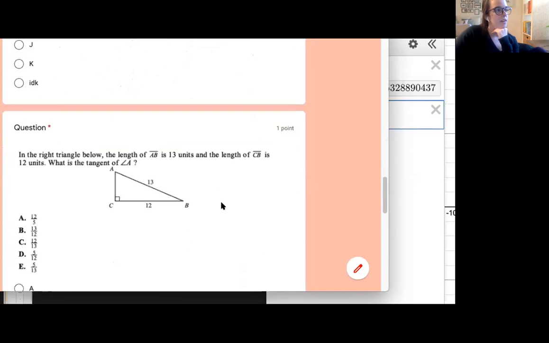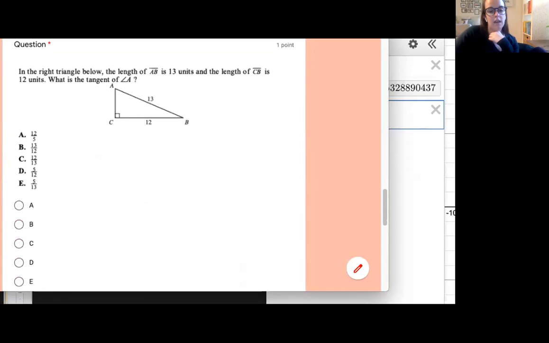And then finally, we have our last question, this was our most missed question. Only 22% of people got it correct. So it says in the right triangle below, the length of AB is 13 and the length of CB is 12. What is the tangent of A? The tangent of A. So here is our A right here, right?